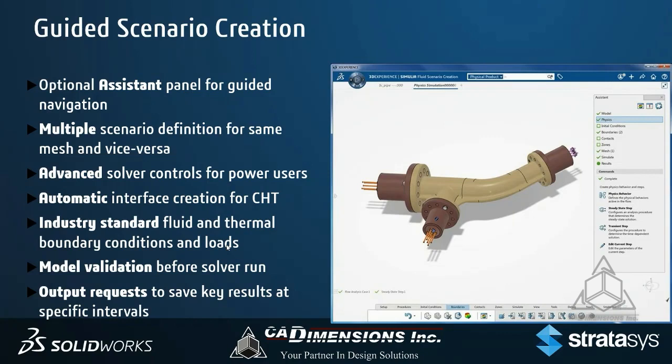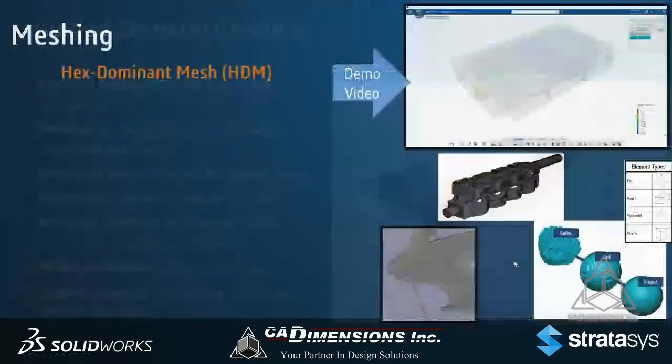So there are default output requests that are built into every simulation, like temperature, pressure drop, flow rate, things like that. But if we wanted to get really specific and say, hey, I'm specifically looking for this, we would go ahead and specify our output requests to satisfy that information. And that would be done under the results section here. We can go ahead and create an output request and go from there.